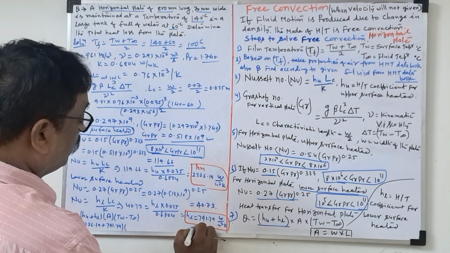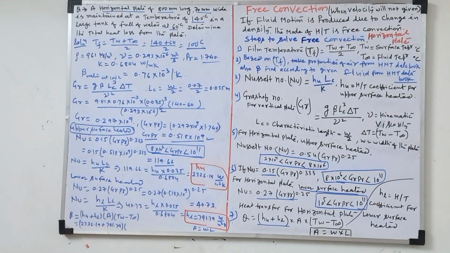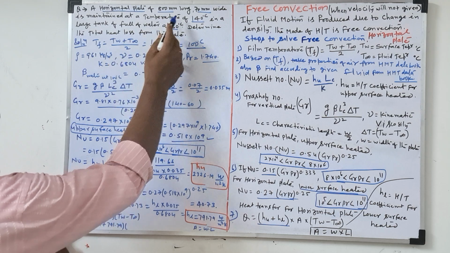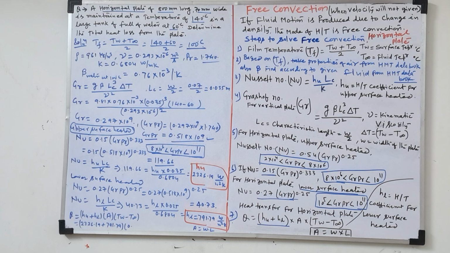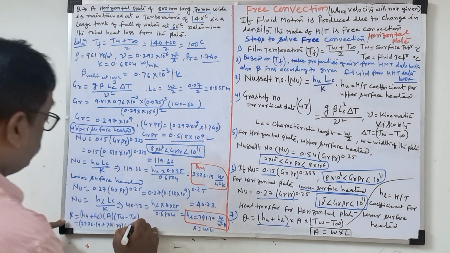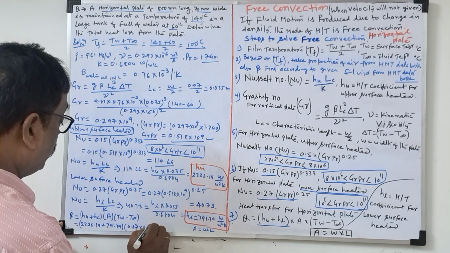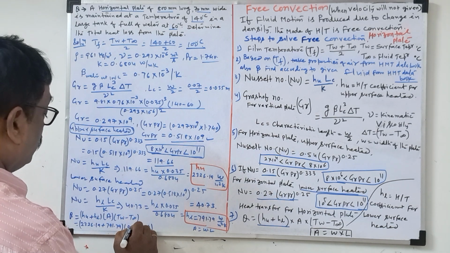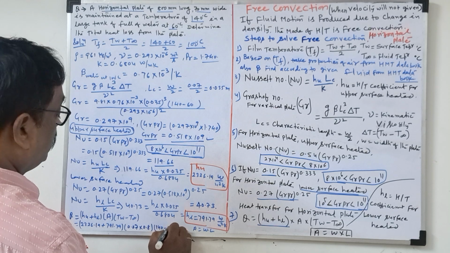Then the area is W into L, length into breadth: 0.07 into 0.8, because 70 mm is 0.07 and 800 mm is 0.8; we converted into meters. Then the temperature is 140 minus 60.